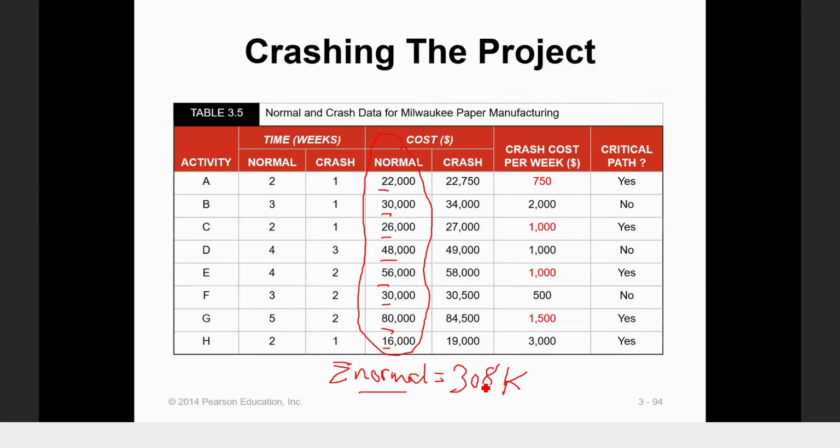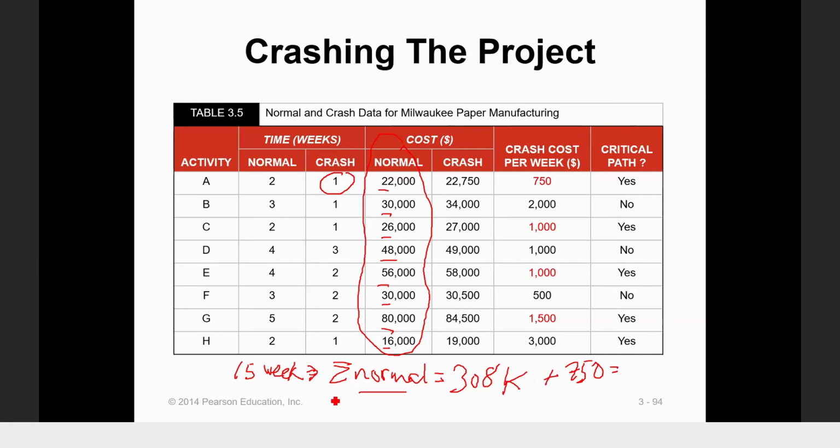Before crash. So when we crash, this one will become 1. From 2 becomes 1, so we have to add the cost of 750. So the project cost increased by 750. Normally the project is completed in 15 weeks and the normal cost will be 308K.